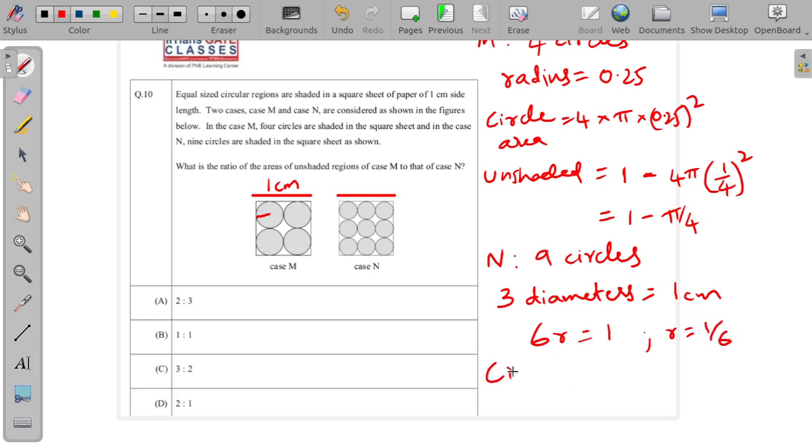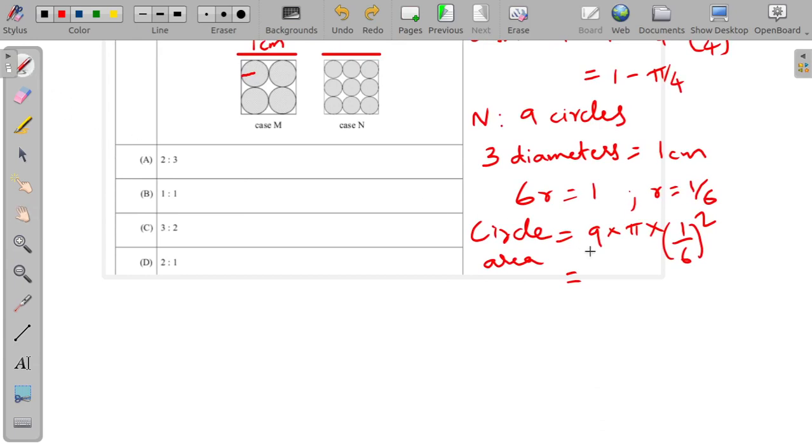So net circle area will be 9 into pi into the radius square, 1 by 6 the whole square, which is, let me see, 9 pi into 1 by 6 into 1 by 6. 3 3s are 9.